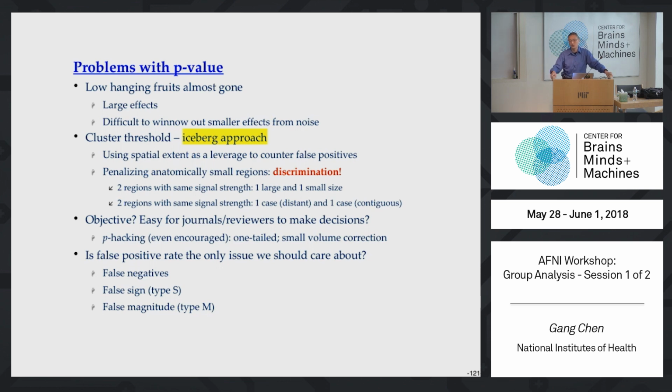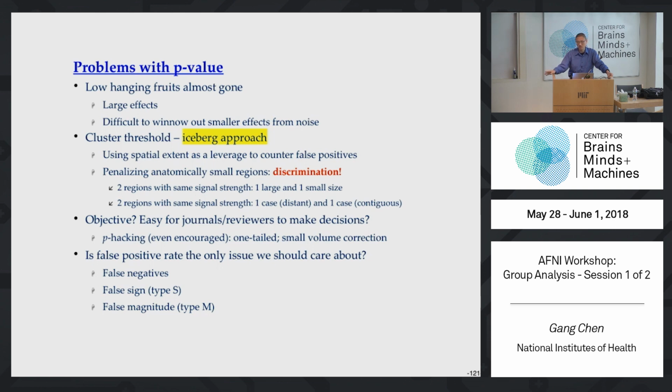In AFNI, you run Monte Carlo simulations with noise, not with your data, to control the so-called false positive, because really nothing is going on. Then, using the same brain structure and spatially correlated noise, you randomly generate and shuffle, for example 5,000 times, then count the clusters of different sizes and control how many pass, for example 5%. That's how you come up with the cluster threshold, the minimum cluster size.